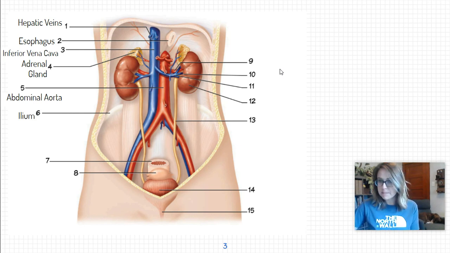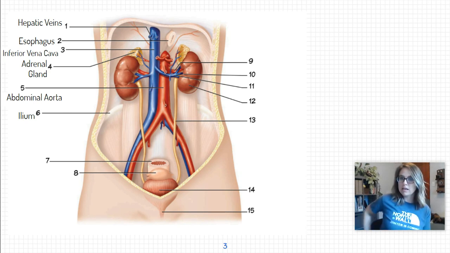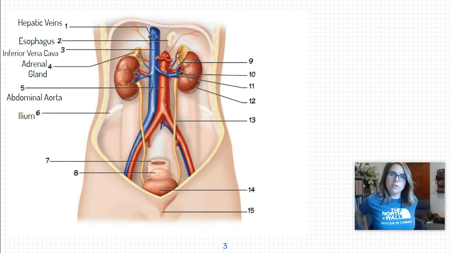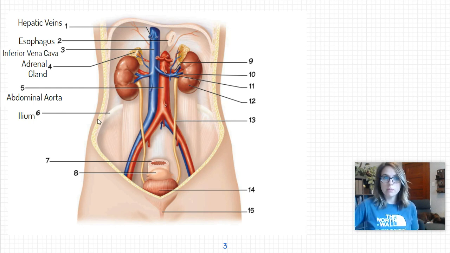The ileum, this word sounds familiar to you. That's because it's a bone. It's the hip bone, the little flared part on the back. If you put your hands on your hips towards the backside, you're touching the ileum, part of your pelvic bone. So the location of your kidneys is basically in this space right above the ileum.